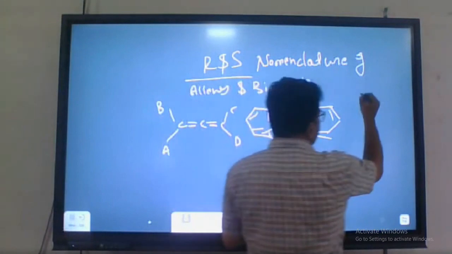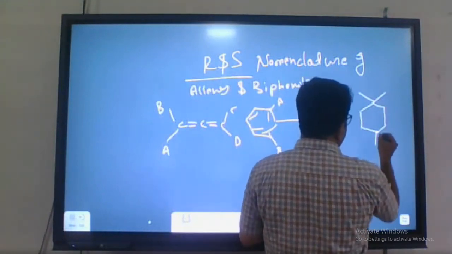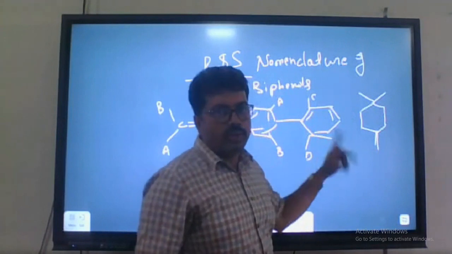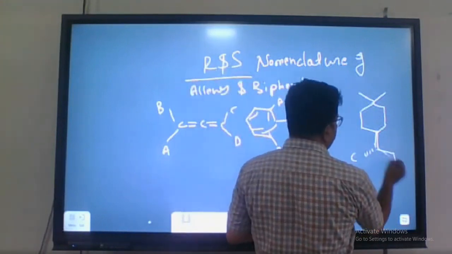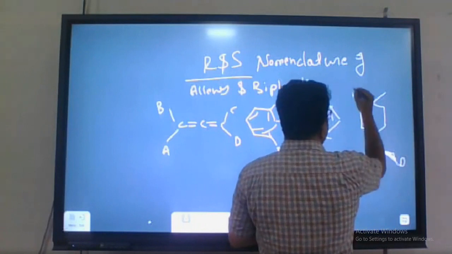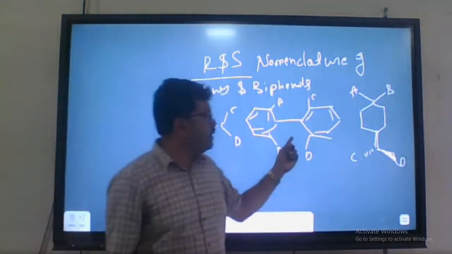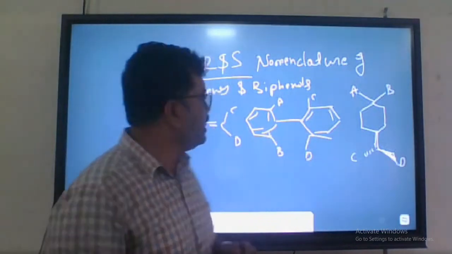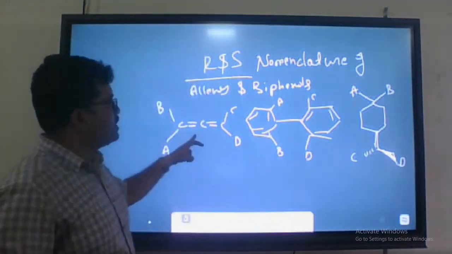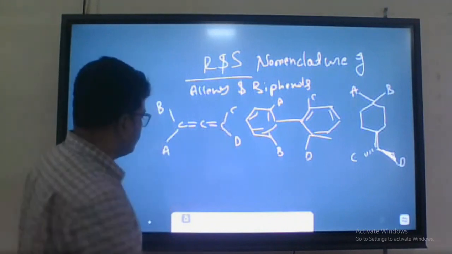What about spiranes? Spiranes you can also write like this, with the double bond replaced, C, A, and this is B. So we have allene, biphenyl and spirane. First we take the allenic compound.